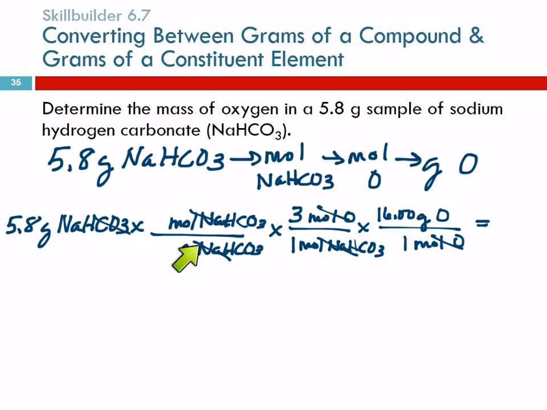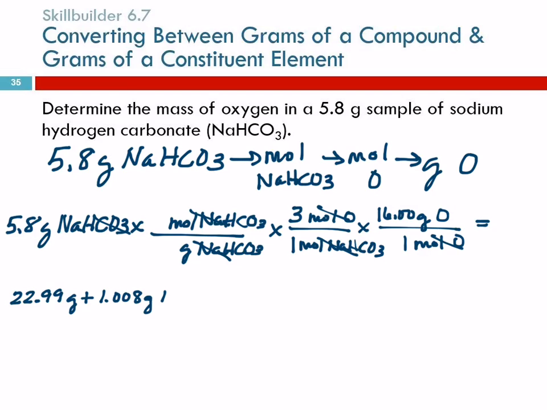This first one here, that's the one that's a little trickier, because here we have to do some adding. We have to calculate the molar mass. We've got the formula. There's 1 sodium, so we take the molar mass of sodium. And how many hydrogens? 1. So 1.008 is the mass of 1 mole of hydrogen.